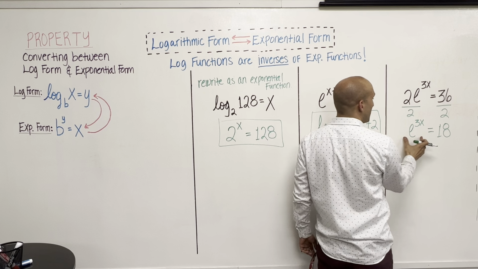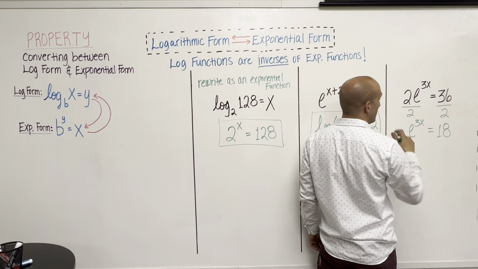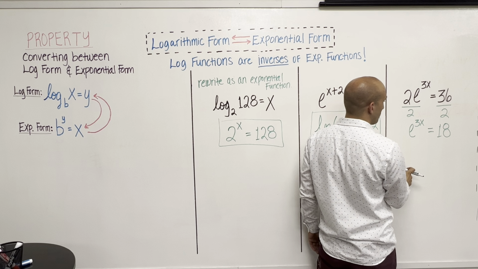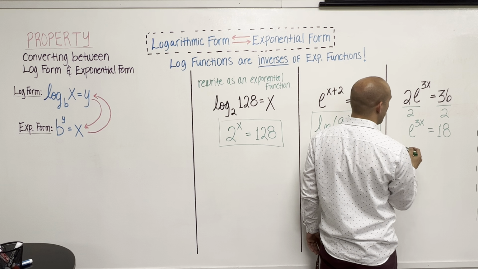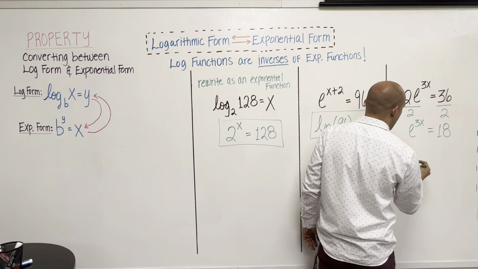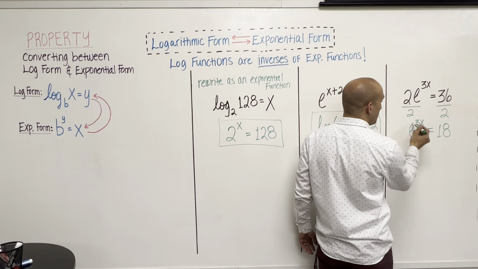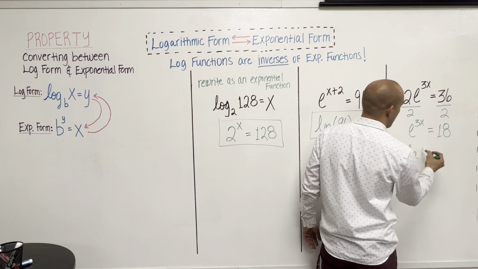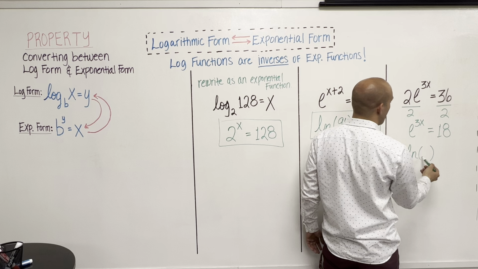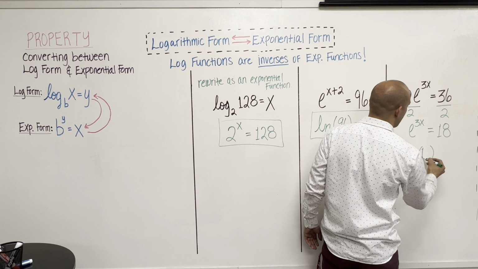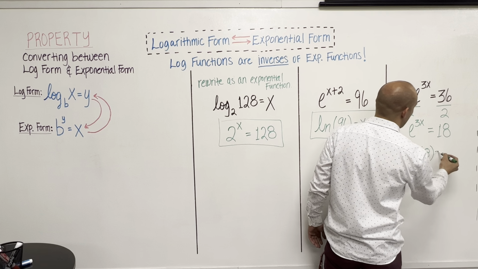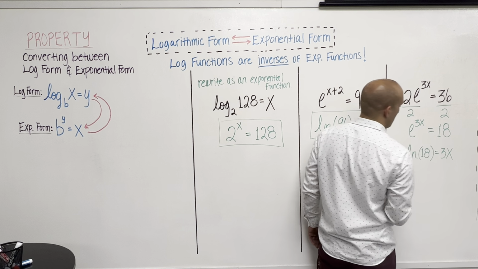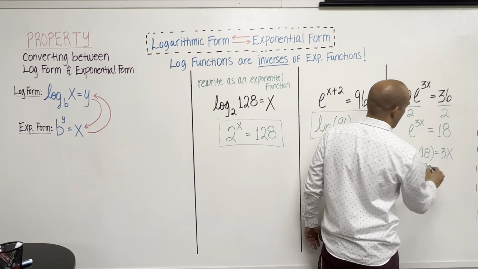Once I have my base alone, with nothing being multiplied to it or divided by it, I can now change it to logarithmic form. My base is e, so I know that will be the natural log. I'm going to take the natural log of what it's equal to, so 18, and set it equal to my exponent. And we are done.